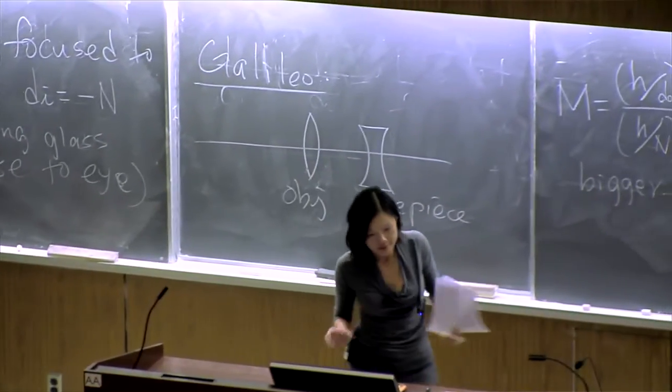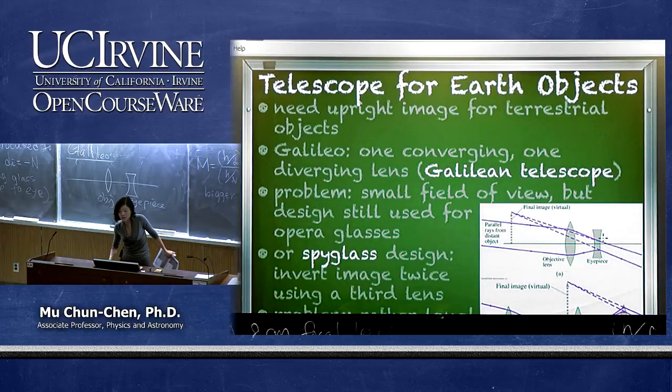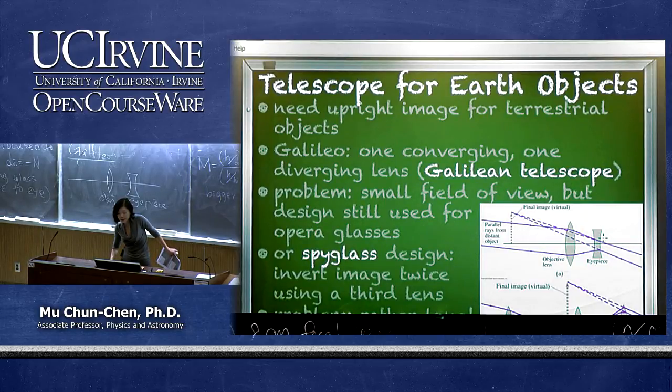The top one is the Galilean telescope, where once again the parallel rays from a distant object come in and go through the objective lens, and therefore the rays are convergent. But once the rays go through the second piece, namely the eyepiece, which in this case is a divergent lens, the rays go in a different way than in the first telescope we discussed earlier.